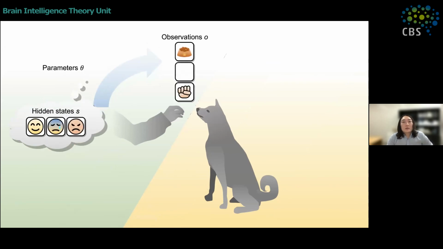This slide shows a cartoon that explains how the free energy principle works for perception and action. Here, this dog is our agent that performs inference, and this dog interacts with the environment, which comprises a person.